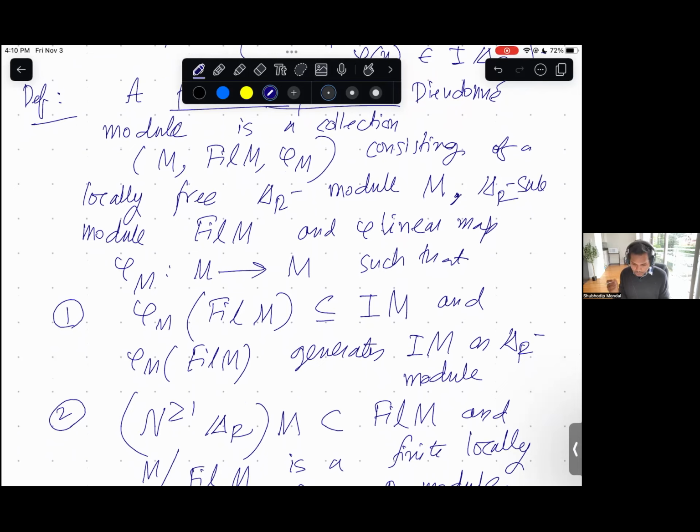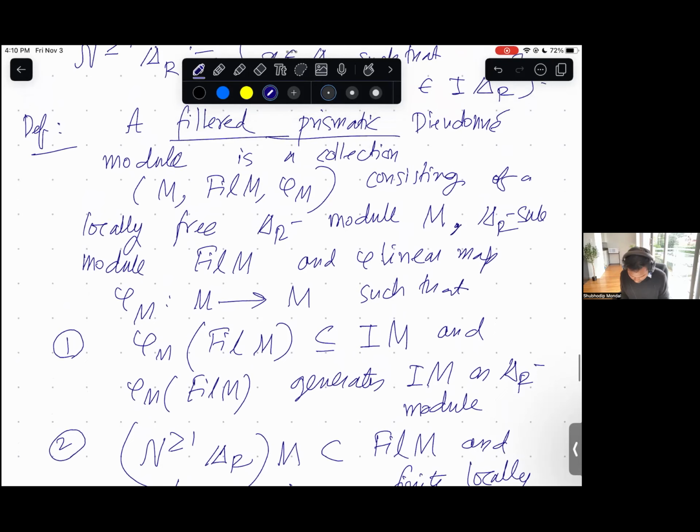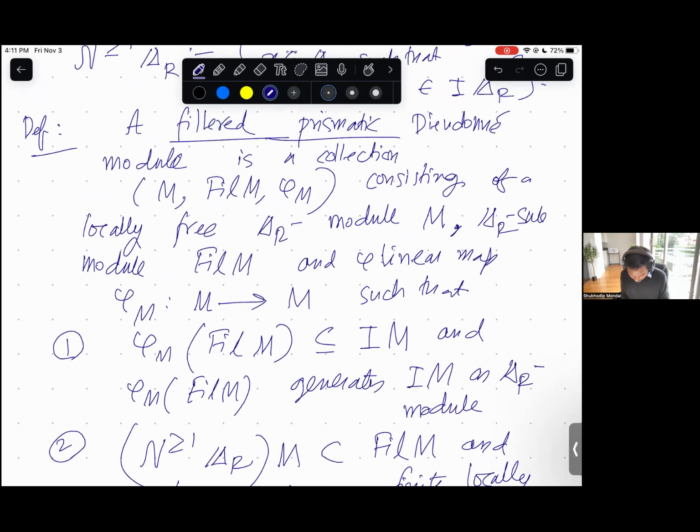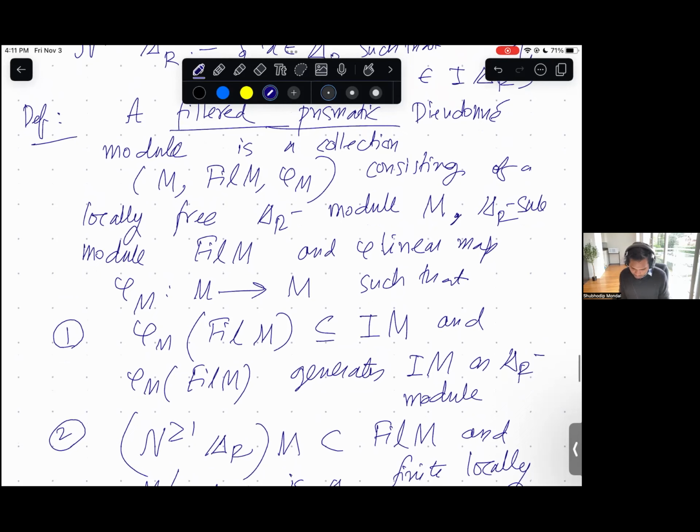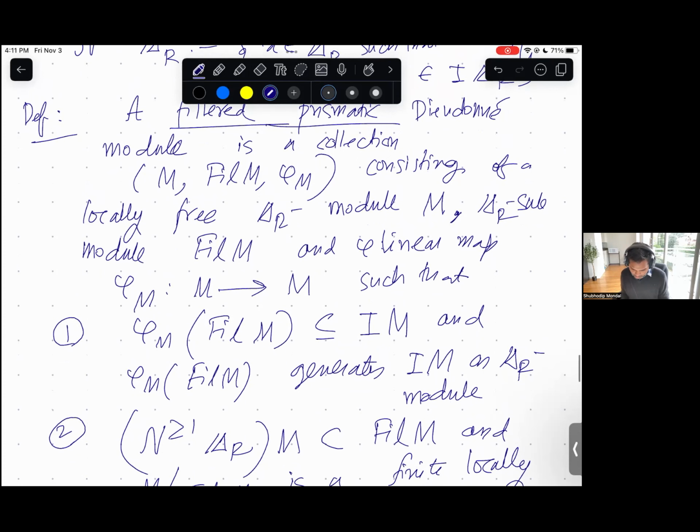At least in characteristic p, the work of Lau works quite generally in terms of these windows and the divided Frobenius and keeping track of the filtration and so on. So that was the reason to mention the filtered prismatic Dieudonne module. And the second reason is that I think this structure can also be seen as an F-gauge.